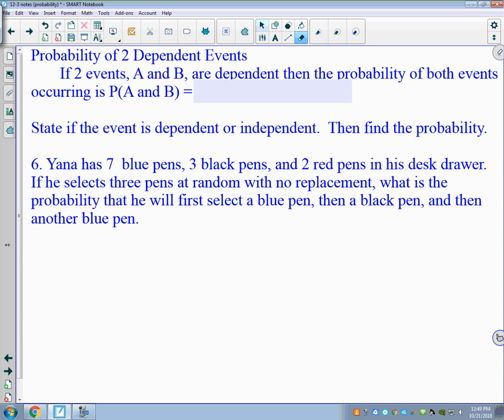Okay, so what if it's dependent? Oh my gosh. If it's dependent, then that means the second event depends on the first one. So it says the probability of A and B, it's still, why won't this move? It's still the probability.